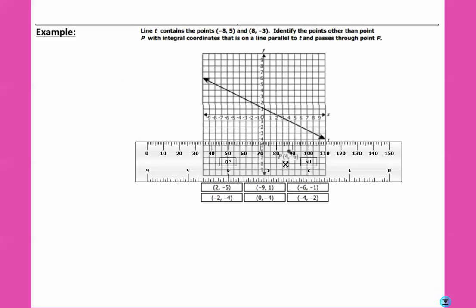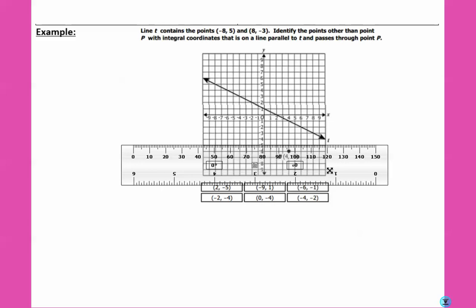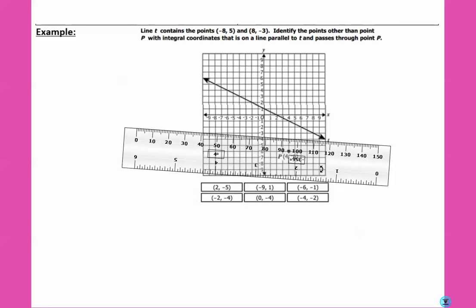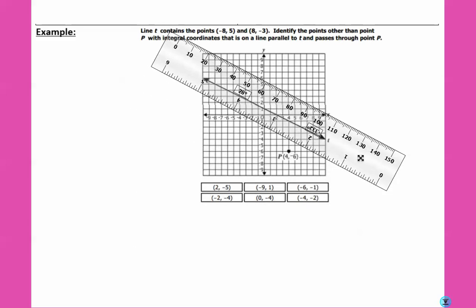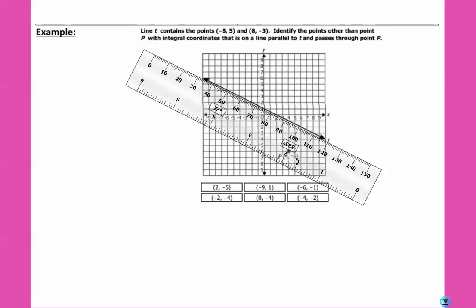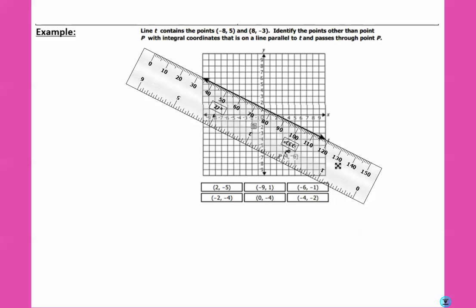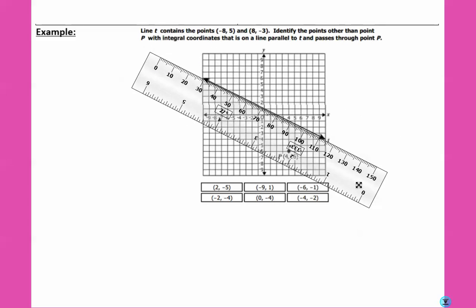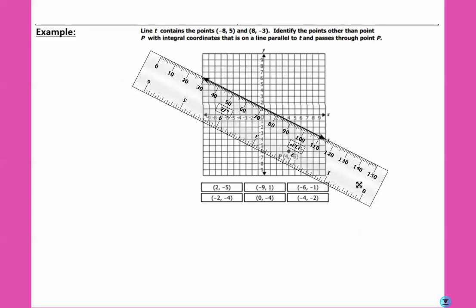I'm going to take my ruler and line it up with line T. Now that I have my ruler, I can move it around, and as long as I'm just moving the ruler and not turning it, it'll stay the same parallel slope.